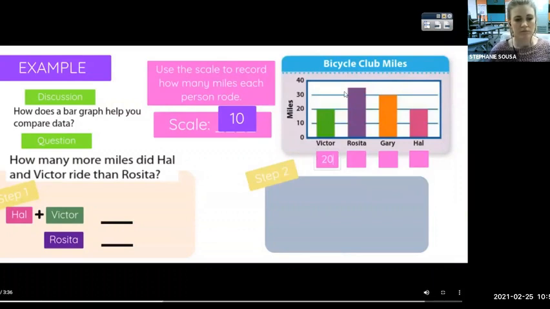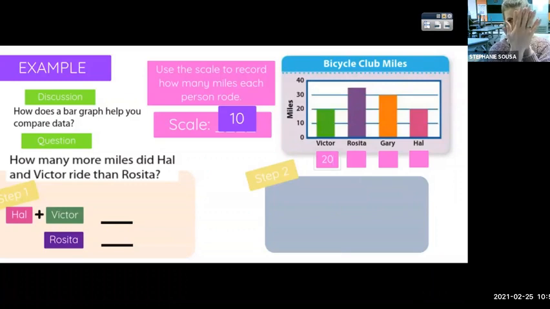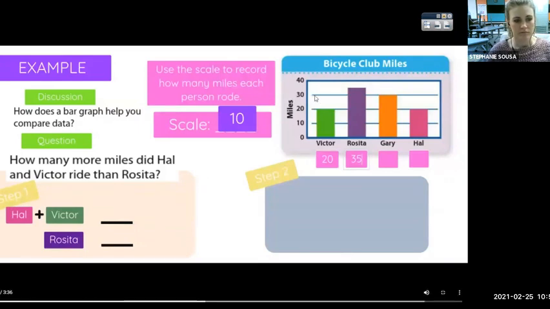Oh no, she only went halfway. I know that half of 10 is 5, so I'm going to stop at 30 and add 5 more, which makes 35 miles. When I look at Gary, he falls right on a line. It's this line right here at the top of the orange bar, and that's at 30.